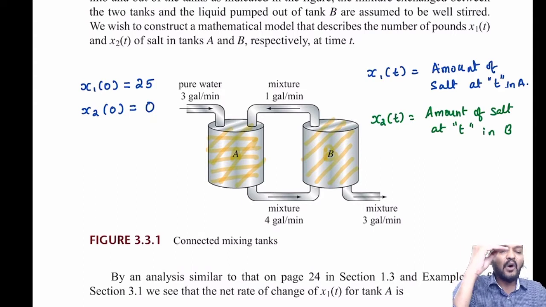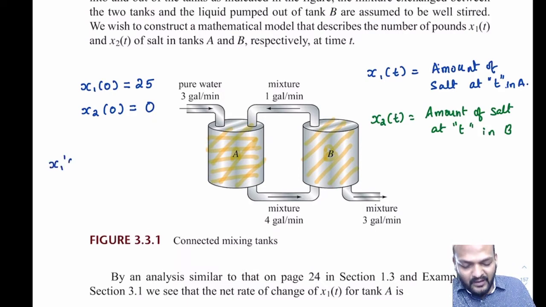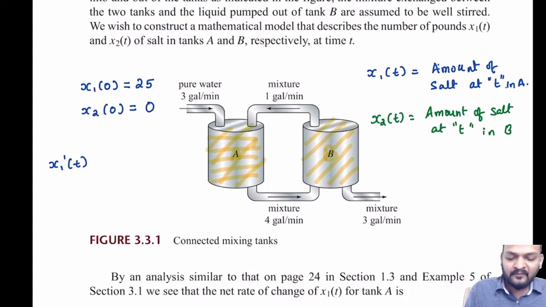Now let's take a look at how things are changing. The amount of salt is changing in the tank A and the tank B, right? So if you take a look at the tank A, what is happening? The rate of change, x1 prime of t, the rate of change of the salt in tank A. It is receiving 3 gallons per minute of pure water.